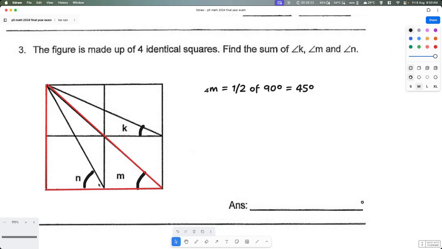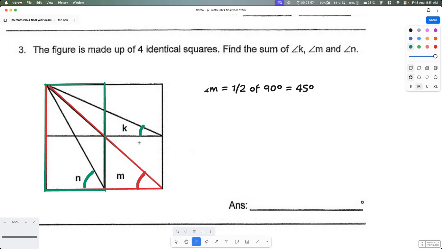Now the next thing, I'm going to make this easier. K and N are actually around the same angle. Let me make this green. So N over here is like this, which is basically half of the rectangle over here.